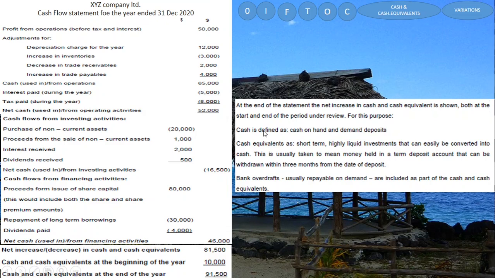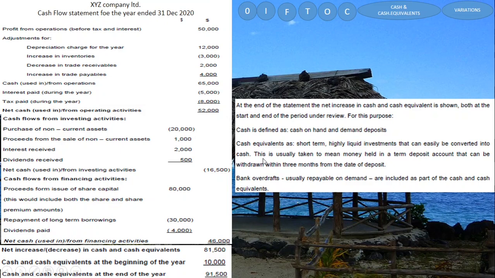For this purpose, cash is defined as cash on hand and demand deposits. So in your cash flow statement, the word cash refers to cash in hand and demand deposits. If you have deposits which you can convert to cash on demand, that's your cash. Cash equivalents are short-term, highly liquid investments that can be easily converted into cash.